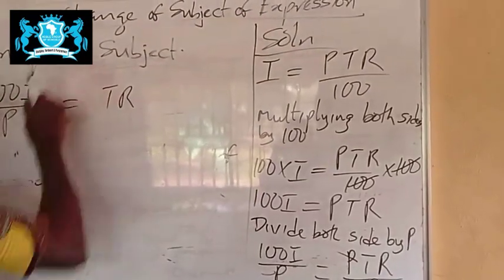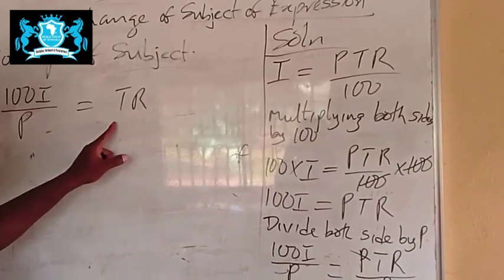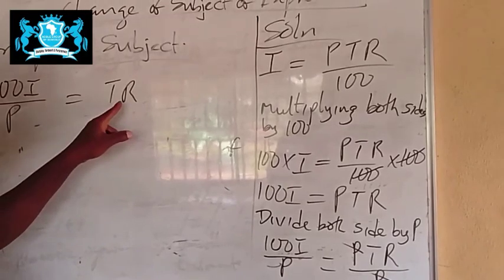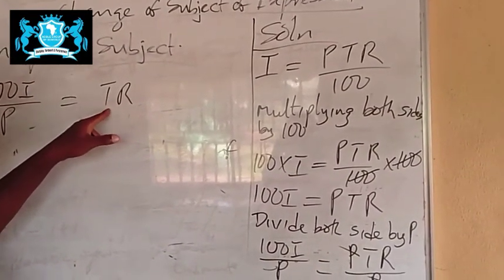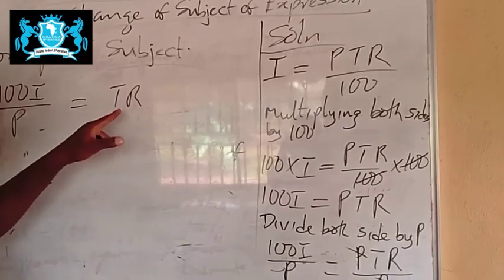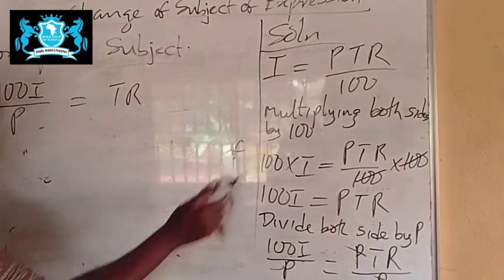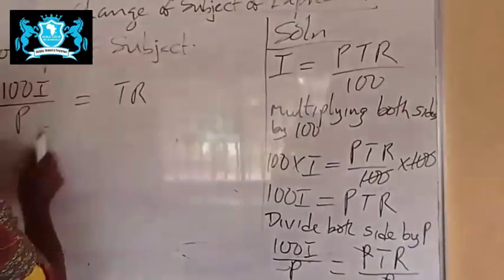My target is not TR, rather T. So R needs to go. What is the combining mode between R and T? It is multiplication. I neutralize it again by division.